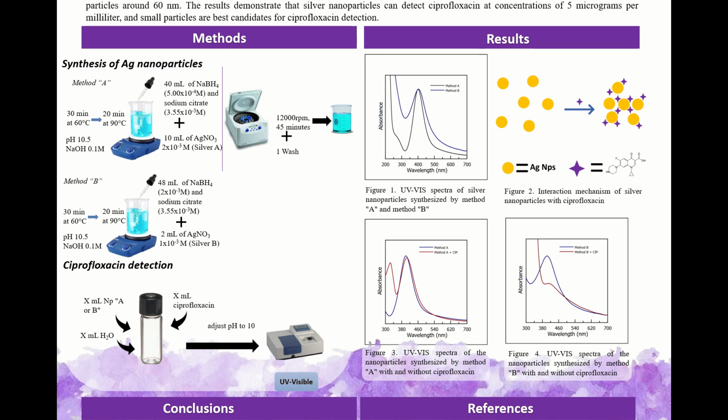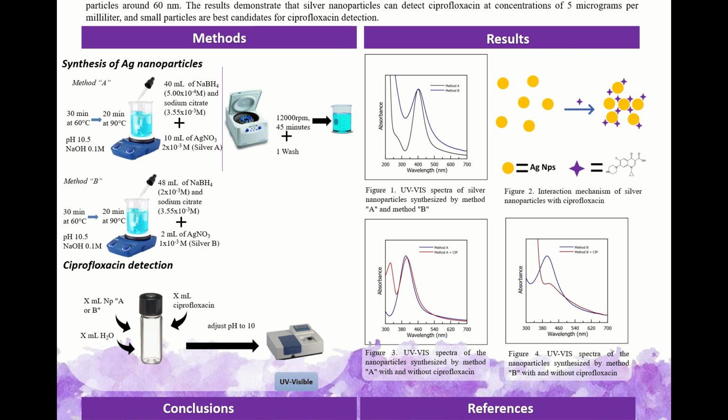The silver nanoparticle suspension was centrifuged at 12,000 revolutions per minute for 45 minutes, washed once, followed by redispersion in deionized water, and finally stored for future use.